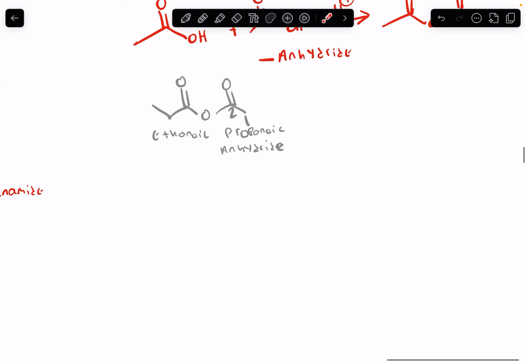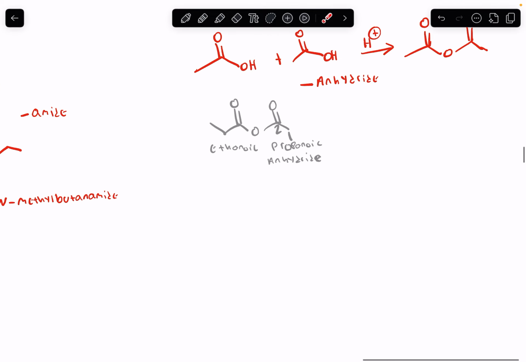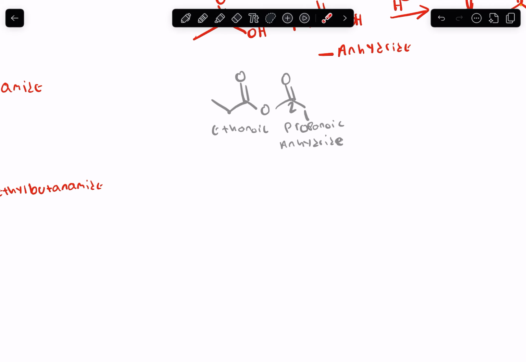Sorry about that, slight oversight, but it makes a lot of sense, right? These groups were once acids, but now they're no longer an acid. So it's still oic, but instead of oic acid, it's going to be oic anhydride. And again, you always just go in alphabetical order. So yeah, awesome.